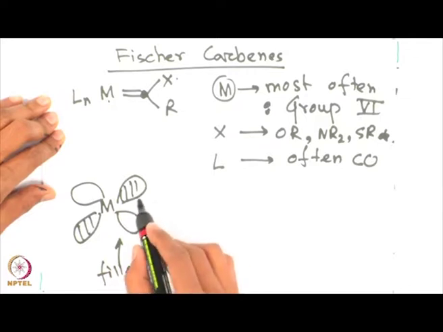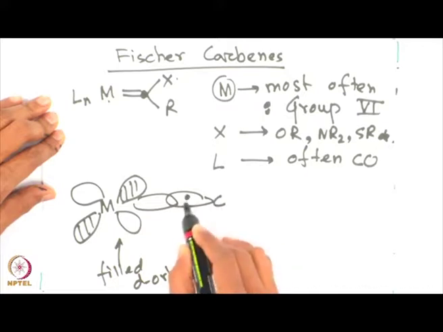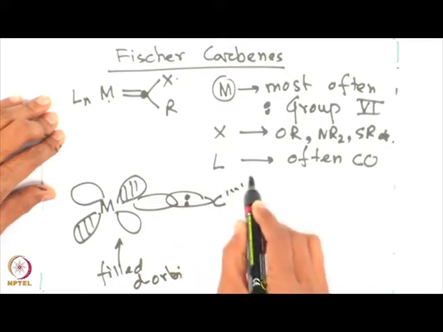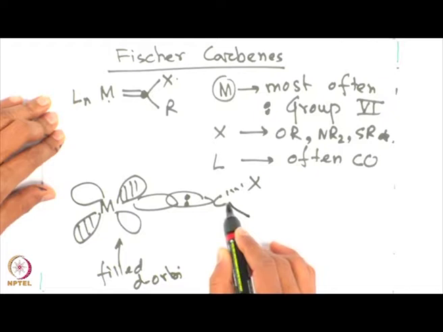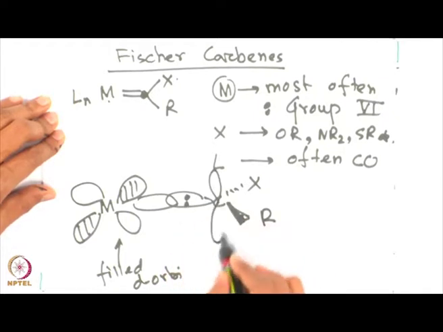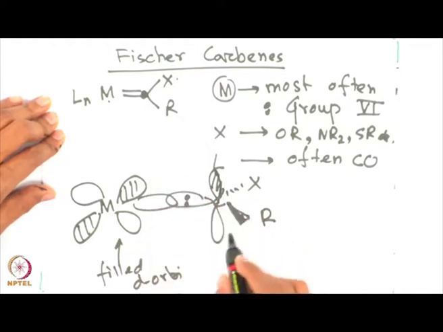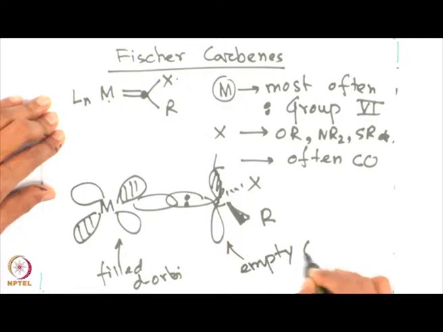Now, it can bind or interact with the carbene. So, this is the lone pair. Now, X and R are there on the carbene center. The carbon has this empty C2p orbital.